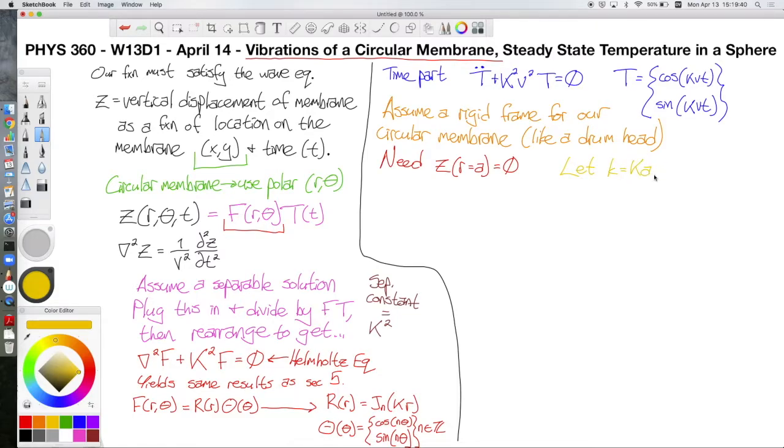And like before, these are going to be the zeros of the Bessel function. So to be very clear here, we might have multiple orders of Bessel functions, and each Bessel function has multiple zeros. So we're going to adopt the notation that k sub mn is the mth zero of j sub n.